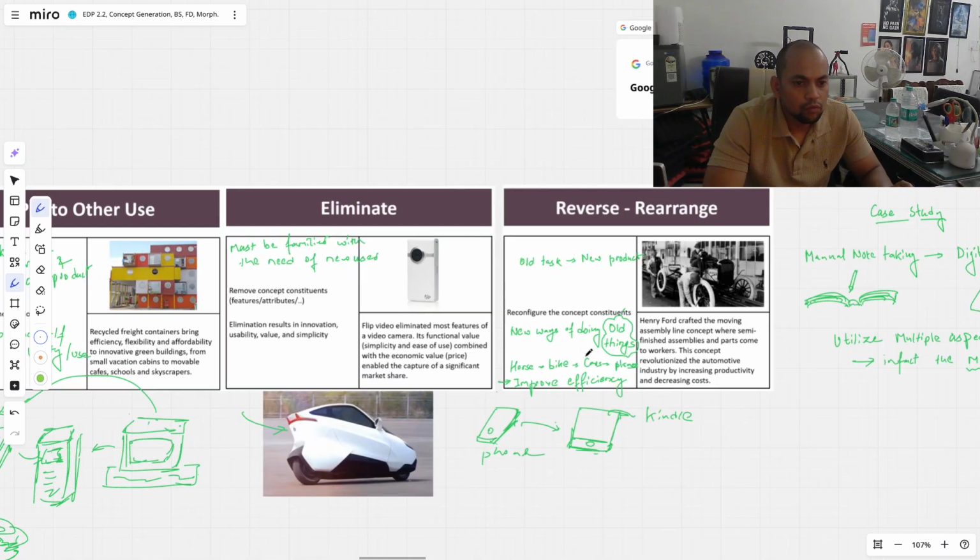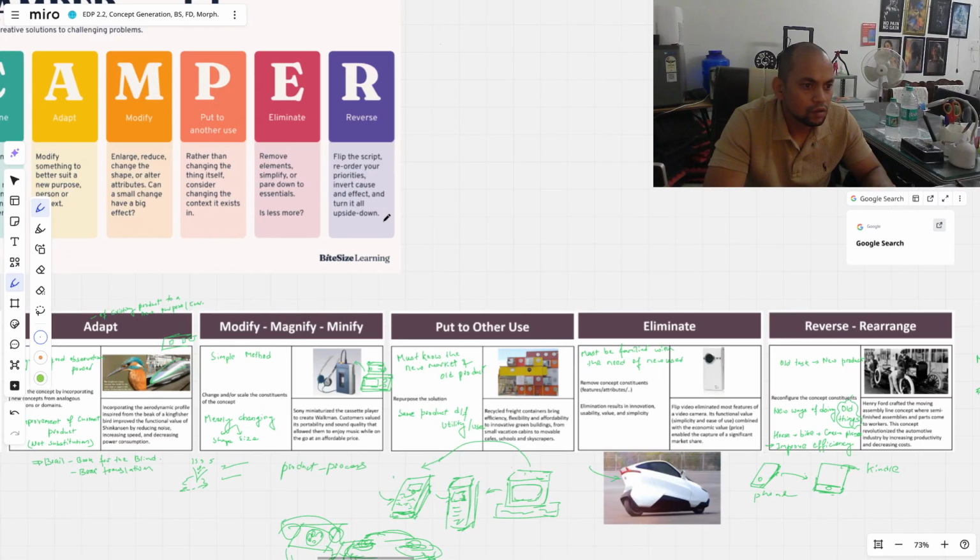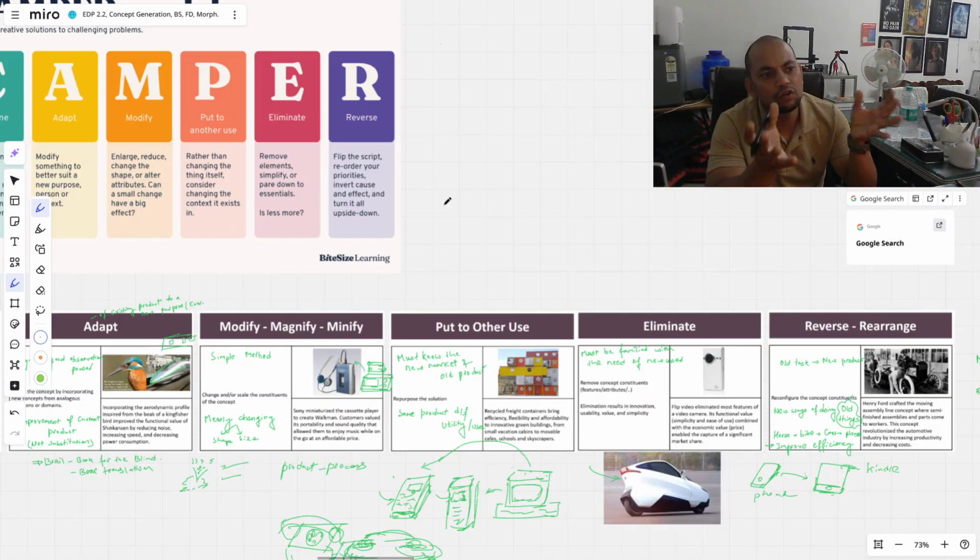So one more, the last one, is reverse or rearrange, or just flip the script. Okay, turn things upside down. So again, rethink, that is, think out of the box.